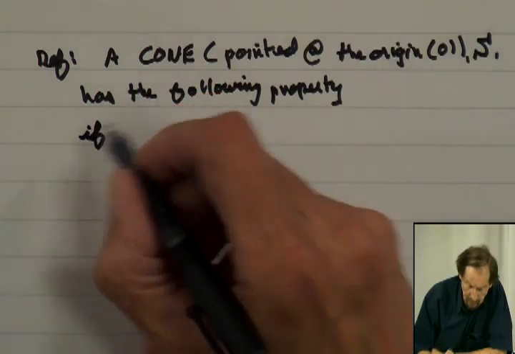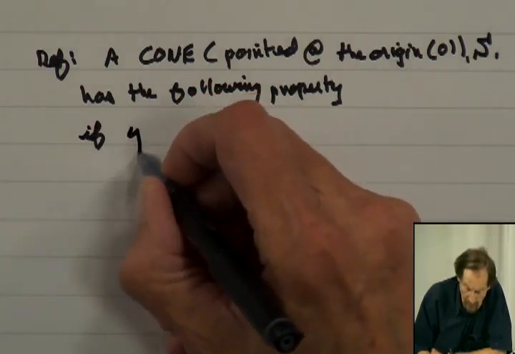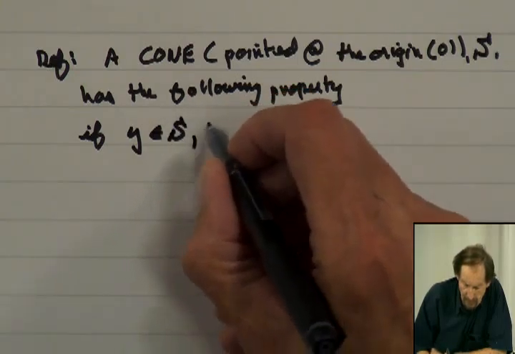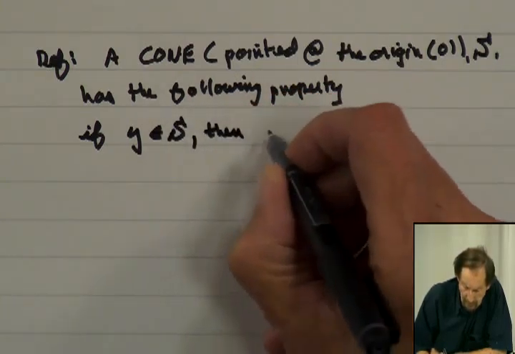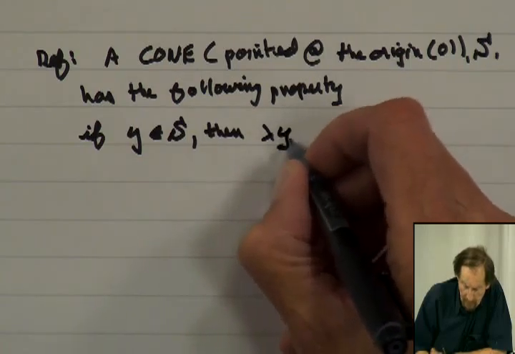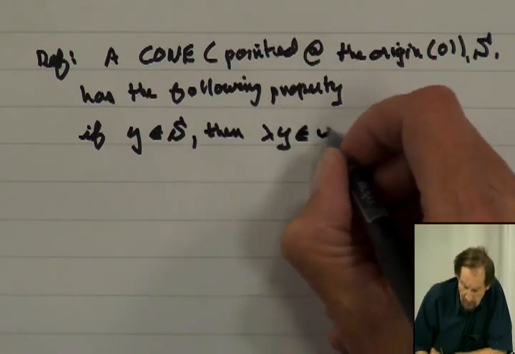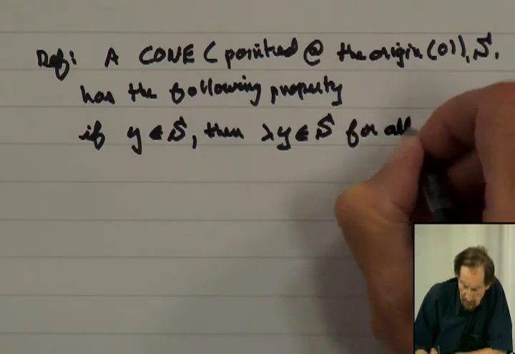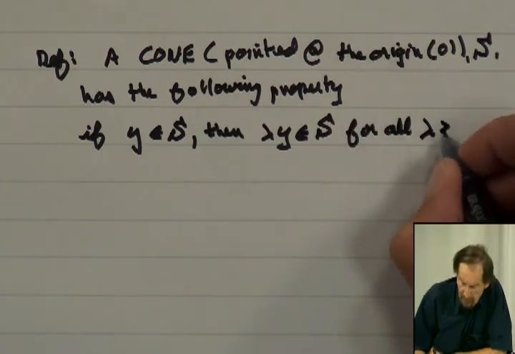If y belongs to S, then lambda y also belongs to S for all lambda greater than or equal to 0.